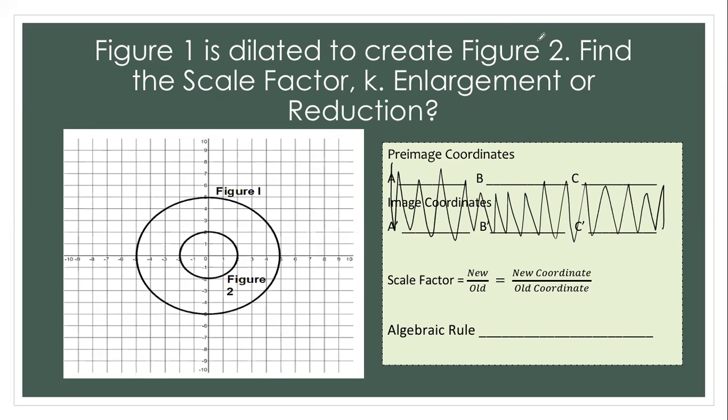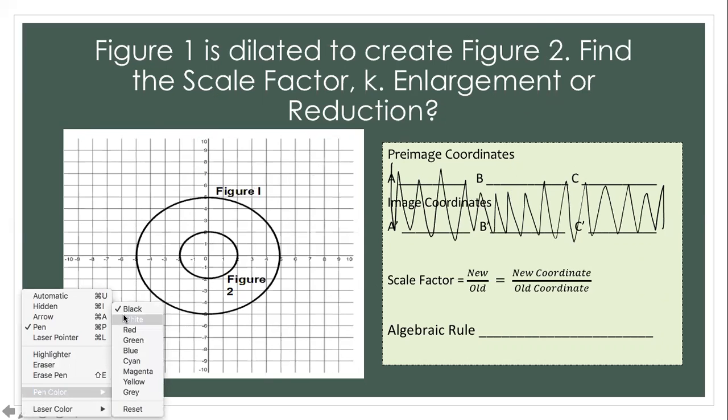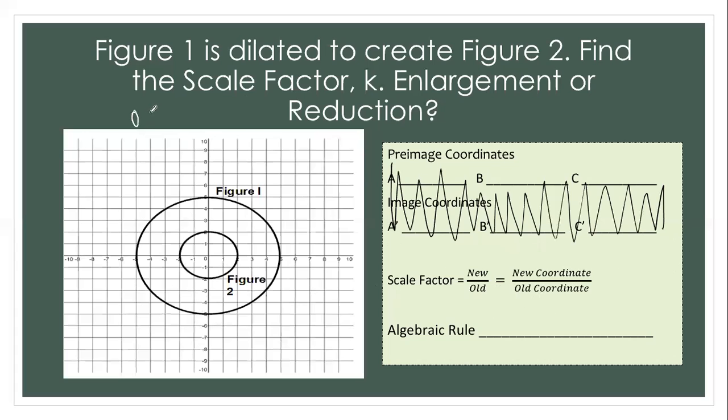It says figure 1 is dilated to make figure 2. So did it get bigger or did it get smaller? Smaller. Because it got smaller, I know that my k value has to be between 0 and 1.